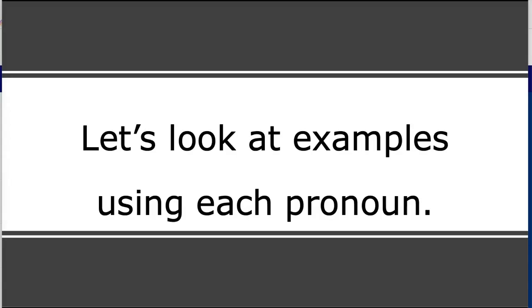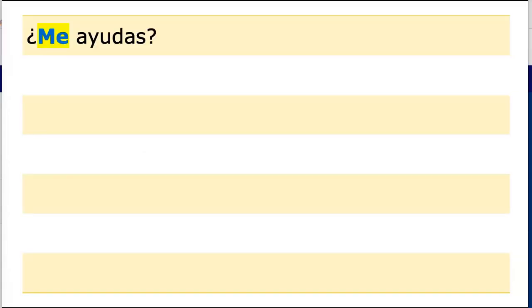Let's look at some examples using each pronoun. ¿Me ayudas? What would this translate to? Can you help me? Te llamé ayer. And we haven't gotten to the past tense yet, so I'll just tell you that llamé means I called.